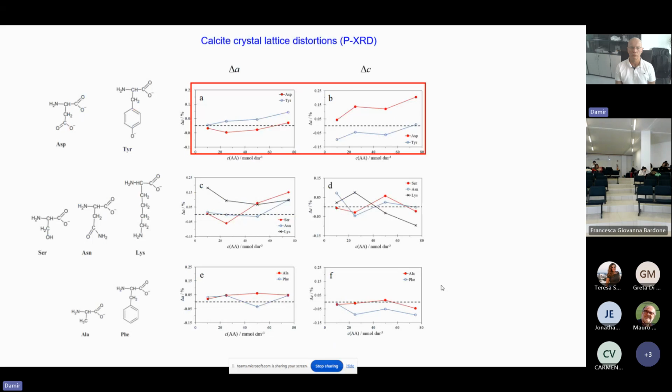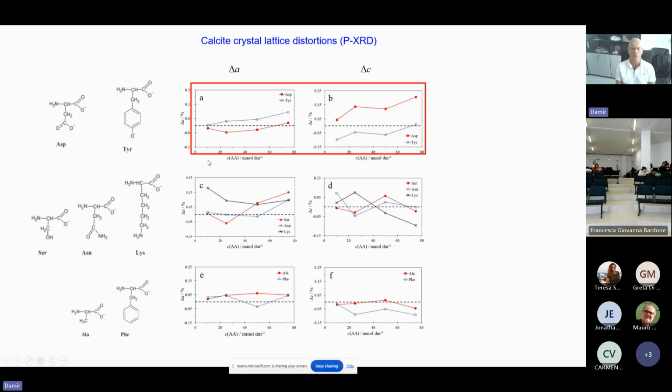We made a structural analysis for this system, similar to what we did with the sulfate ions, and we found that the addition of aspartic acid changes the lattice.